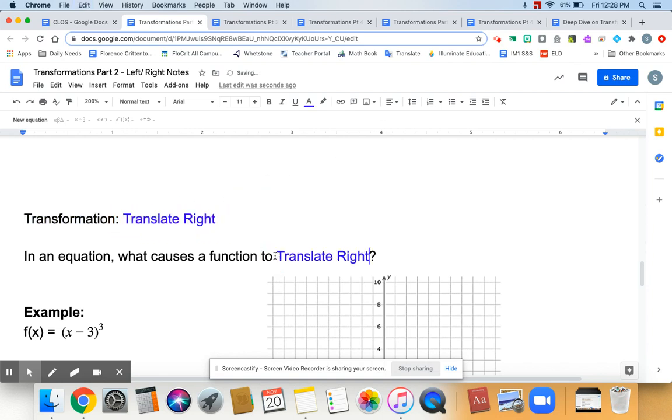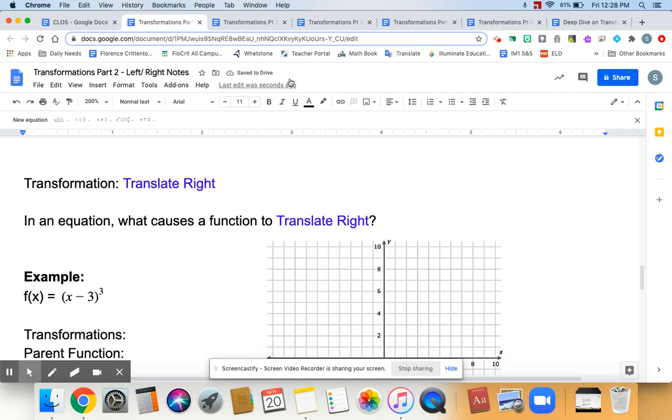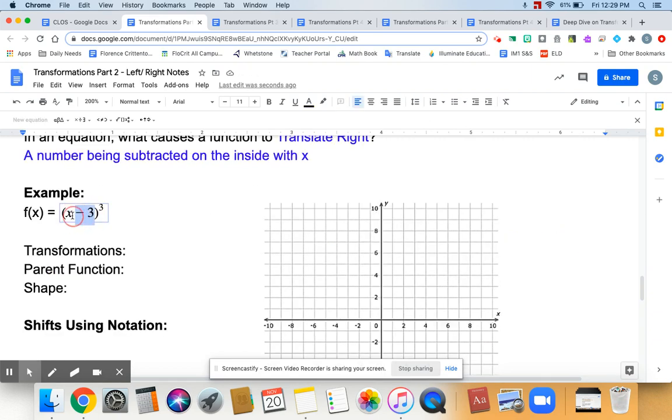So in an equation, what causes a function to translate right? The answer is a number being subtracted on the inside with x. This minus 3 inside of the parentheses with x is what tells us that we need to translate, and this time it's right 3 because it's in there, inside those parentheses.